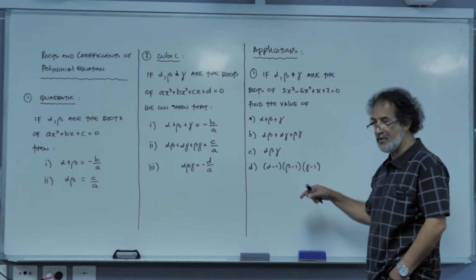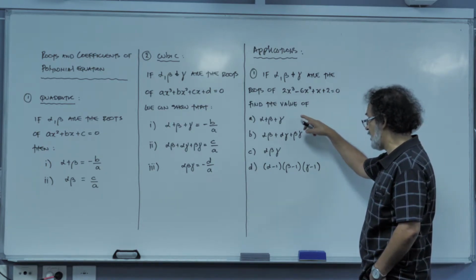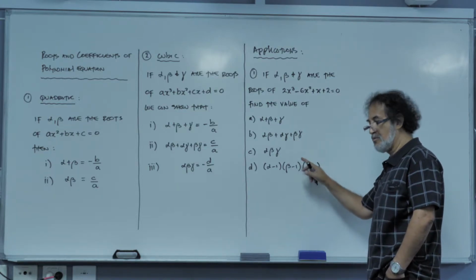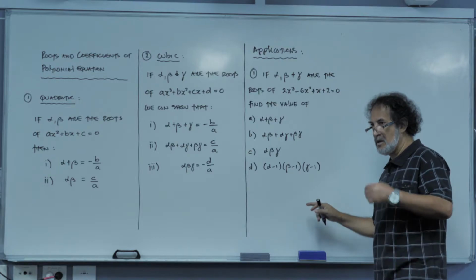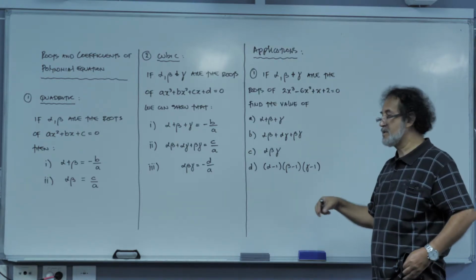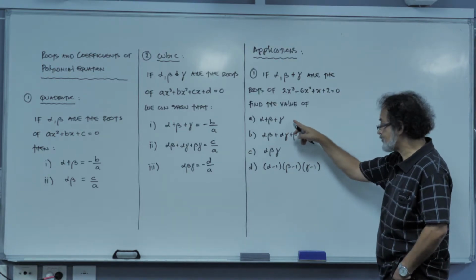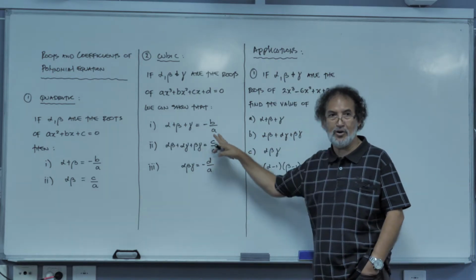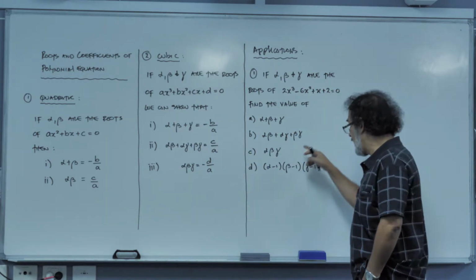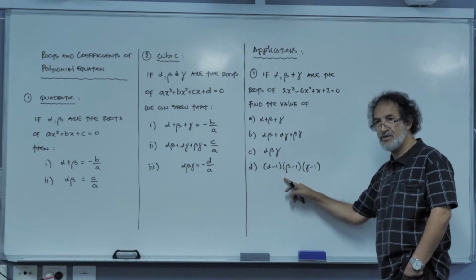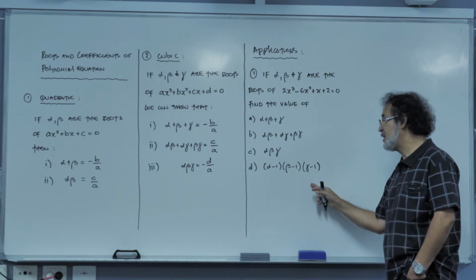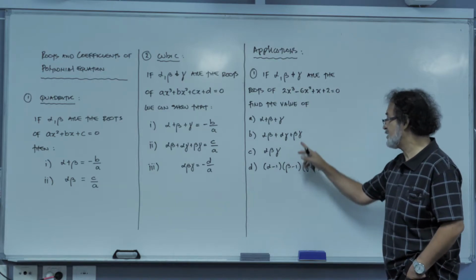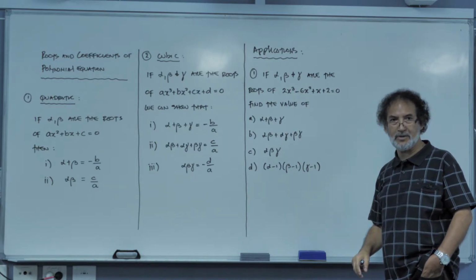I reckon that you shouldn't have any difficulty to find A, B, and C. But you need to see how you're going to find the answer for D. Most of the time, you're going to be asked to find what we know already, and then in addition to that, you're going to find something a little bit different, but it will be related to the previous solution.